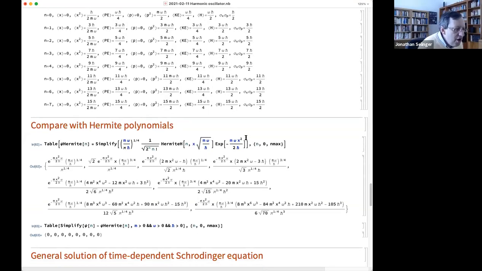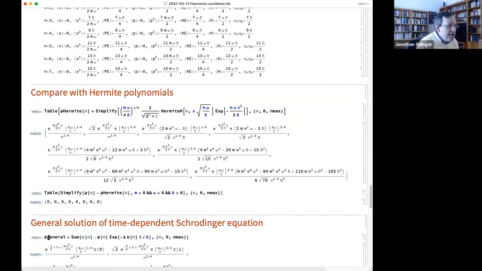Here is the Mathematica code that corresponds to what I just wrote by hand: the general solution is the sum of a Cn coefficient times the time-independent special solution times the exponential factor of negative i energy of n times time over h bar.